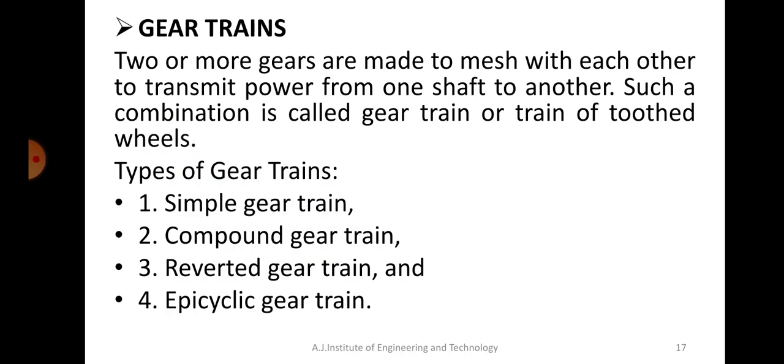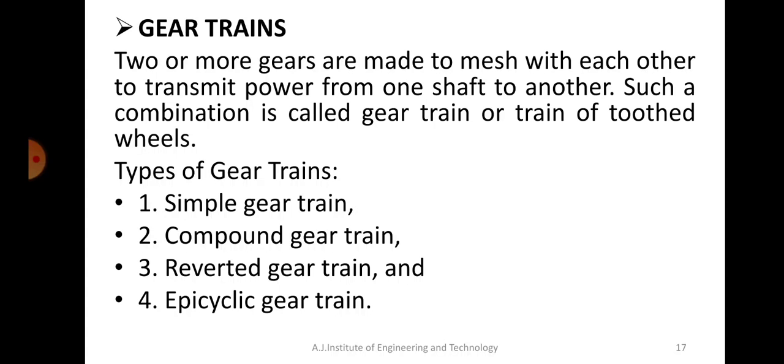Gears are usually connected in multiple ways, because we may want a reduction in speed or an increase in speed, or there may be a requirement for a change in direction every time. So many gears will usually be connected together.